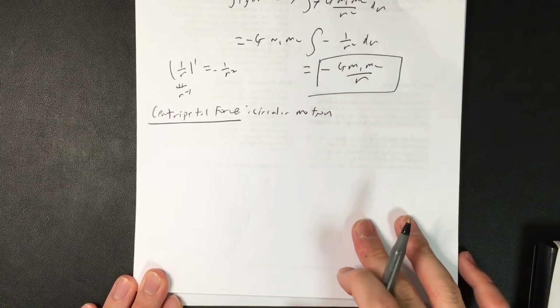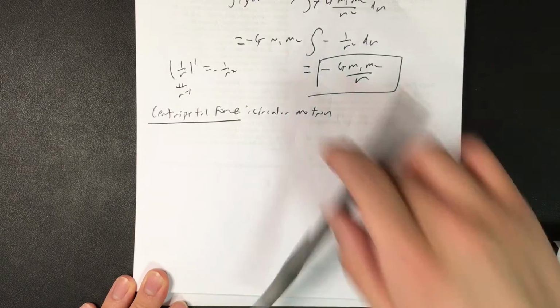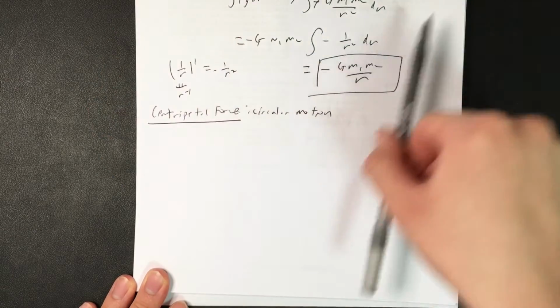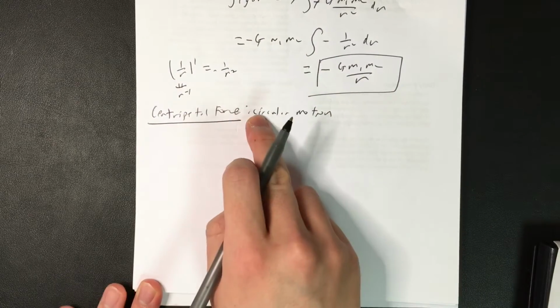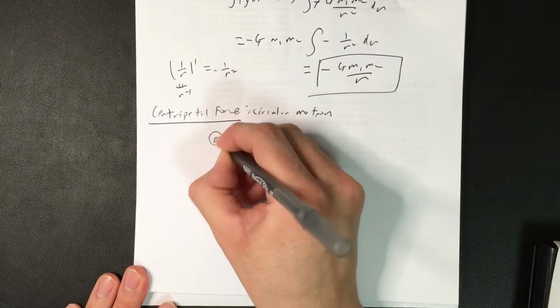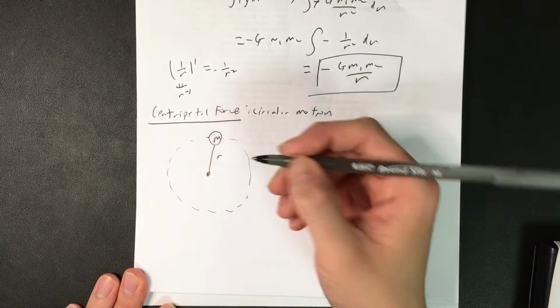So if the object is going under circular motion, which is different from rotational in the sense that rotational is an object rotating and circular motion is an object going in circles, there is a centripetal force that is applied in the radial direction. So for example, let's say an object M is rotating around this point with distance r.